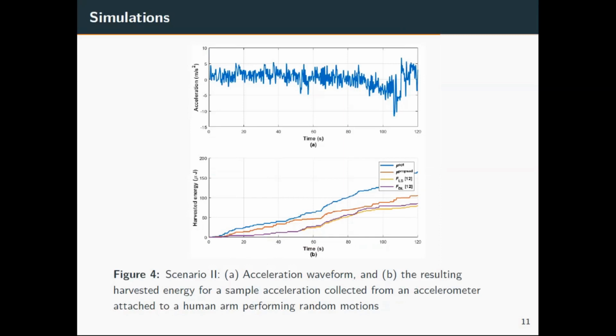And this is the other one, which is based on the random moves, and the acceleration waveform is very random. Here again, the optimal values that we get from non-causal analysis, where we look at the entire waveform and ask what would have been the best values.